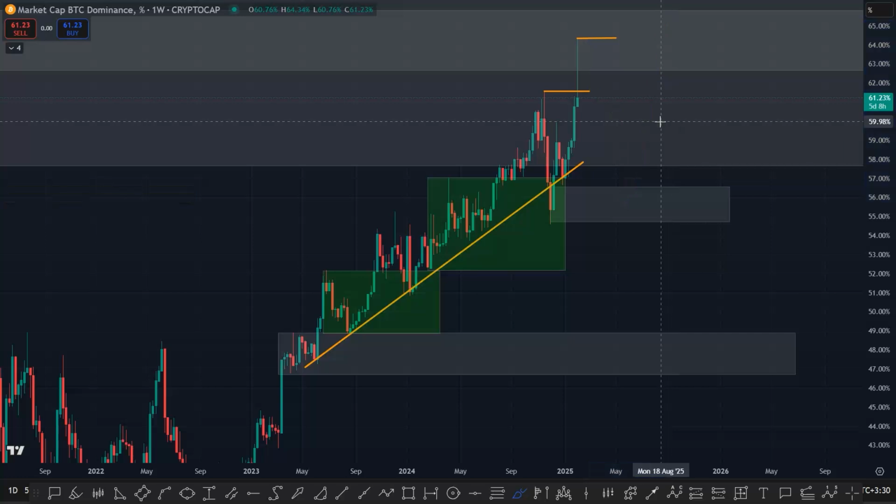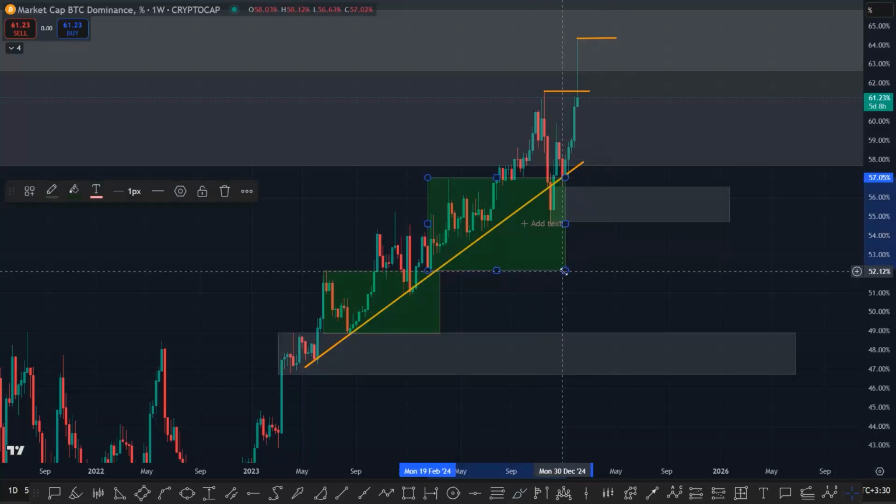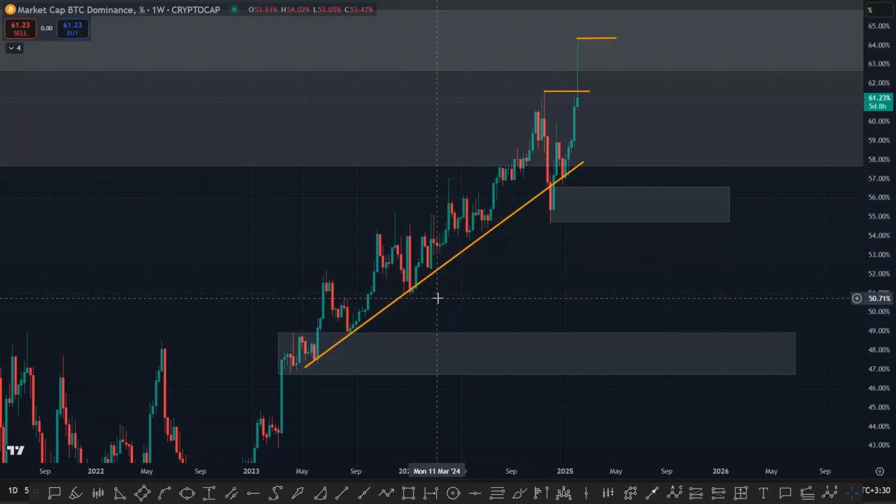But if we can't close above this level, 64%, I expect the beginning of a downward move. And as I said before, we have order flow here, so this is not solid ground. This is a weak order block for us.